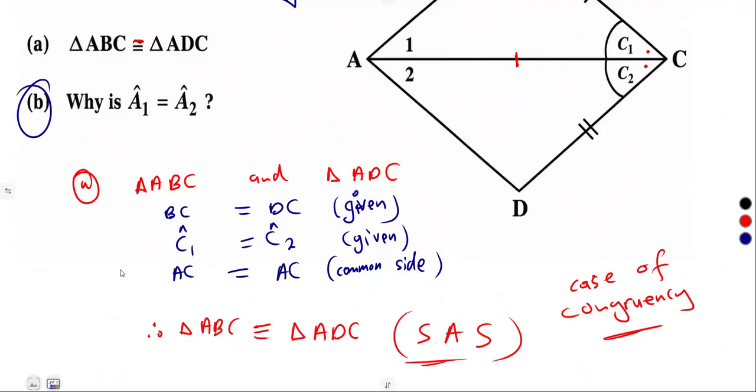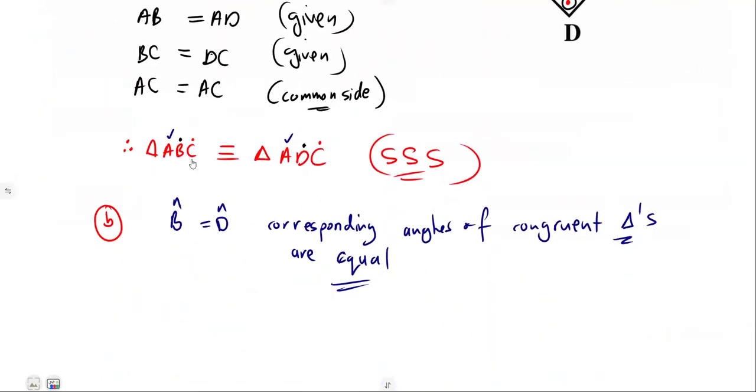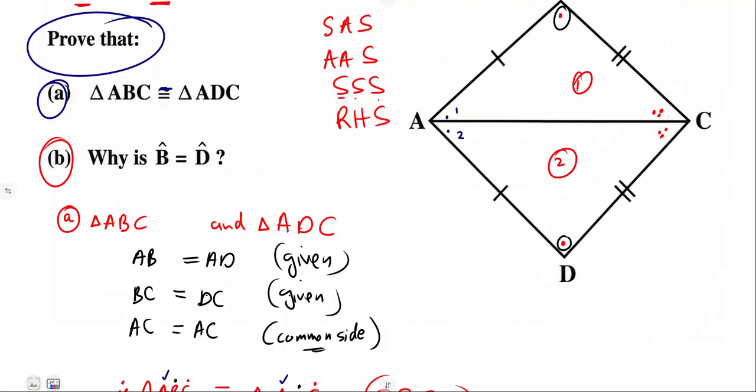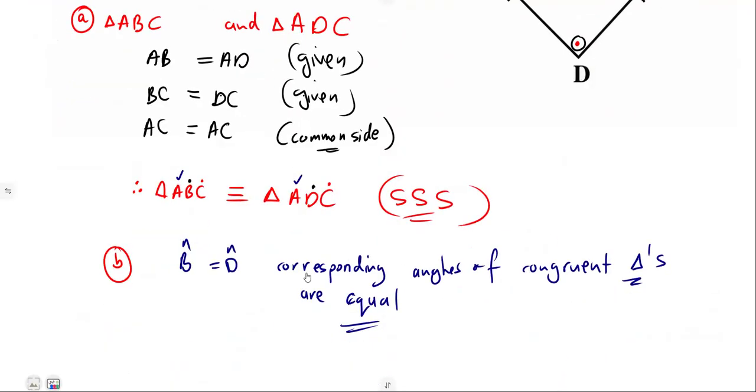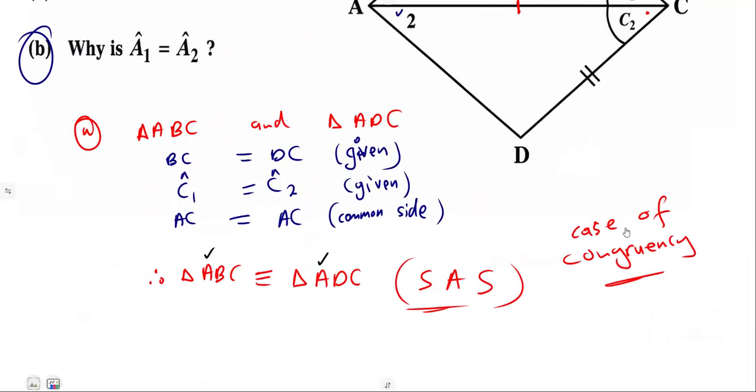Then moving on to B, why is angle A1 equal to angle A2? Why are they equal? Remember, we referred previously that corresponding angles of congruent triangles are equal, where we also figured out that A1 and A2 are the same. It is because of the corresponding angles, A and A, which are equal from that concept.